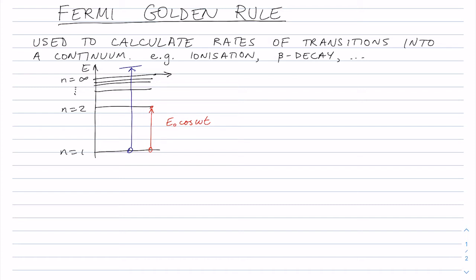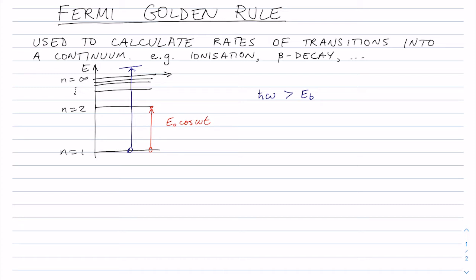This second system will have h bar omega greater than the binding energy of hydrogen, and it will push the electron all the way out of the atom. Now we want to know the rate at which it can push the electron out of the atom. How often does this happen?